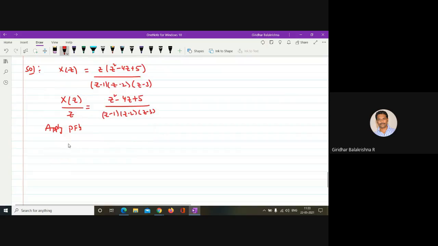Now tell me the expression for partial fractions. X of z by z equal to z square minus 4z plus 5 by z minus 1, z minus 2, z minus 3. Tell me the expression for applying partial fractions. What is the first one?